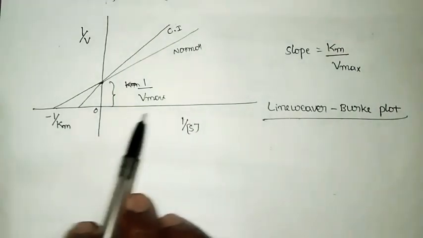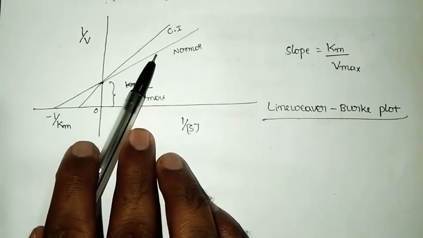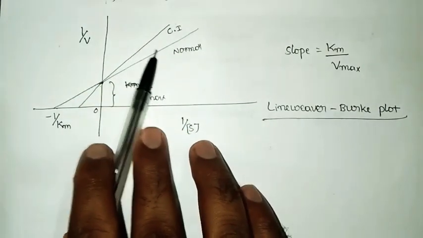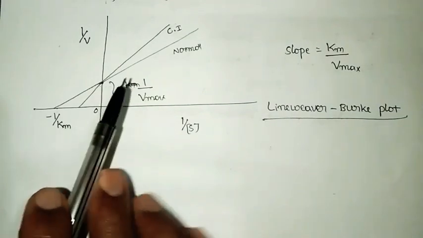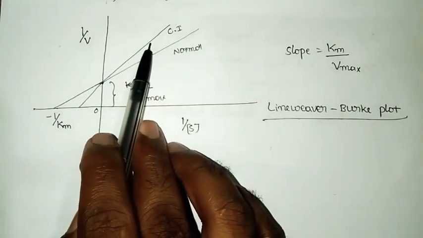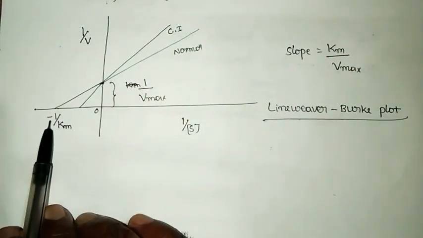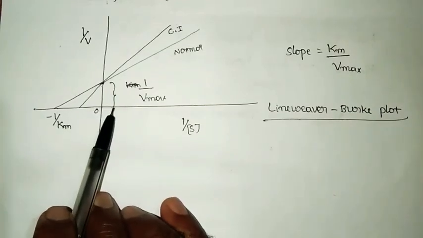Therefore, by doing the comparison, we can say that in case of a competitive inhibitor, the slope will increase and the intercept will remain the same. The negative intercept, that is the minus 1 by Km value, will be closer to 0.